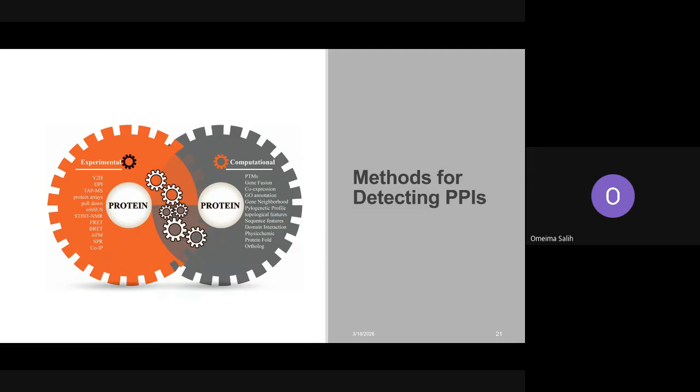There are different methods for detecting protein interactions, but mainly grouped into two categories: experimental and computational. That's why these methods are defined as in vivo, in vitro, and in silico.